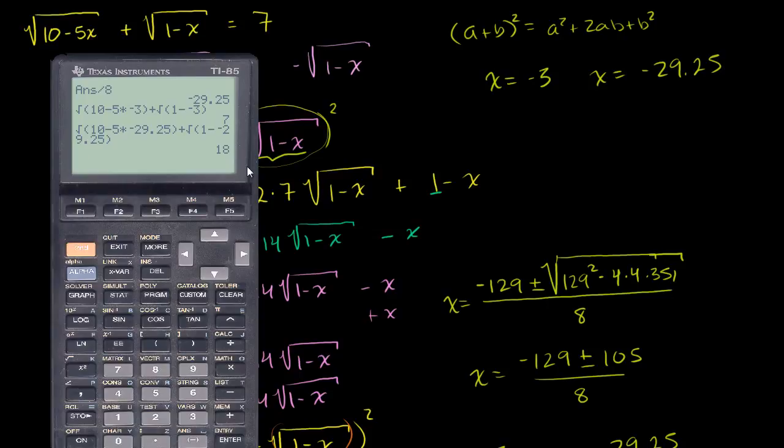This didn't work. It's not even equal to negative 7. That's because we took the principal square roots twice, or we squared twice, so we lost information twice. But the simple answer is this does not work. It is an extraneous solution.